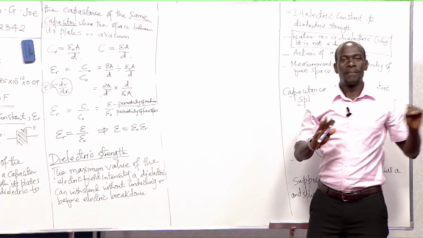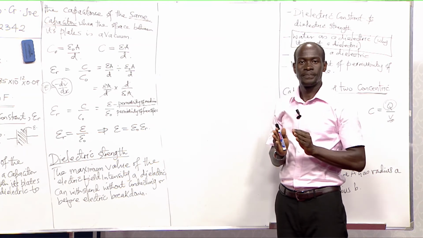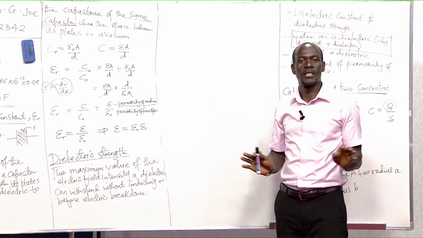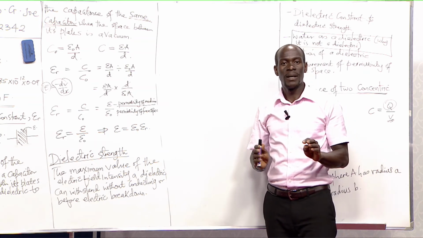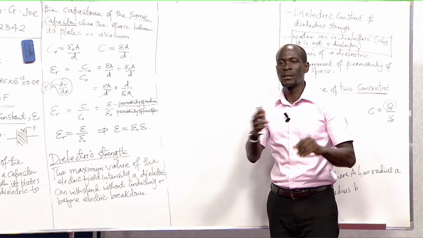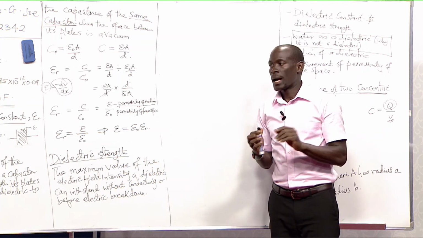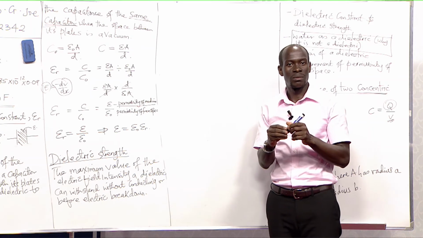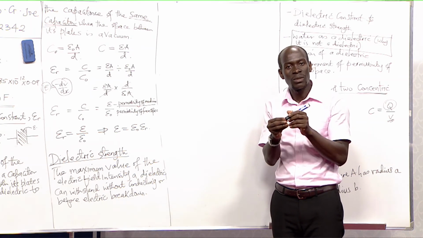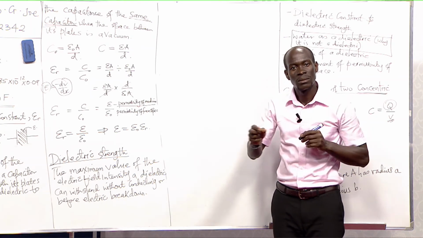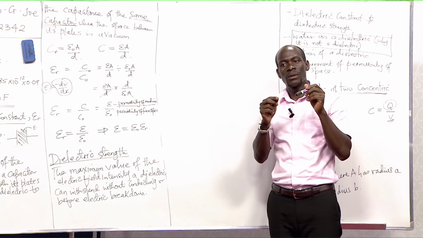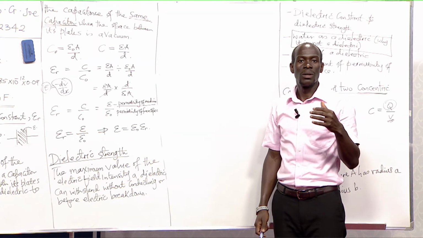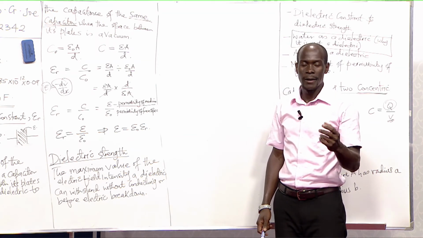For any material to be a good dielectric, it must be purely an insulator. Okay? In other words, it must not have any conducting particles. But water has some dissolved particles, and these dissolved particles can conduct. Now, because of those dissolved particles, it cannot be a very good dielectric. Why?